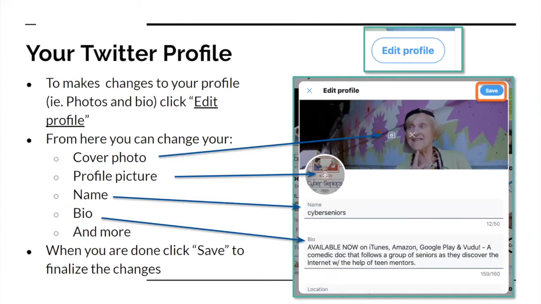Your Twitter profile will be like this. And to make changes to your profile, that is photos and bio, click edit profile. From here, you can change your cover photo, profile picture, name, bio, and more. When you are done, click save to finalize the changes.